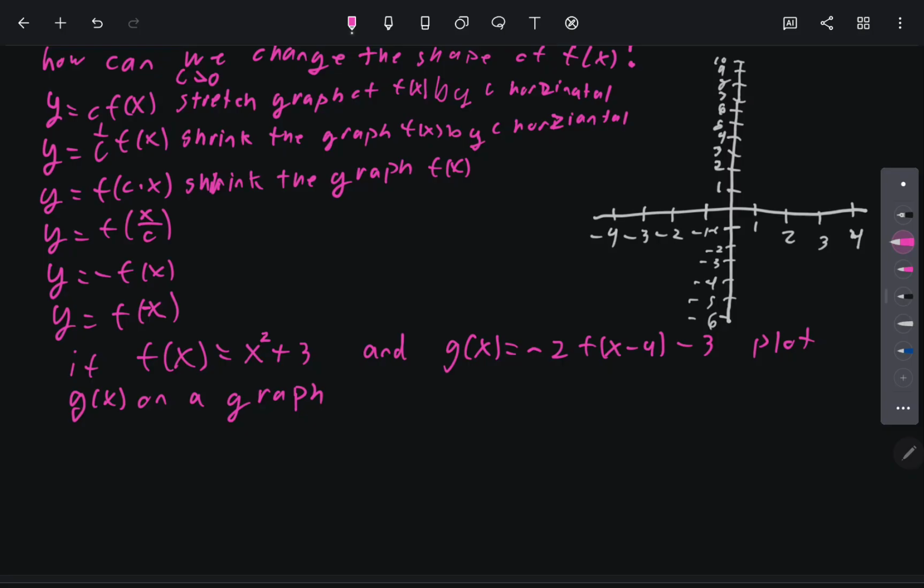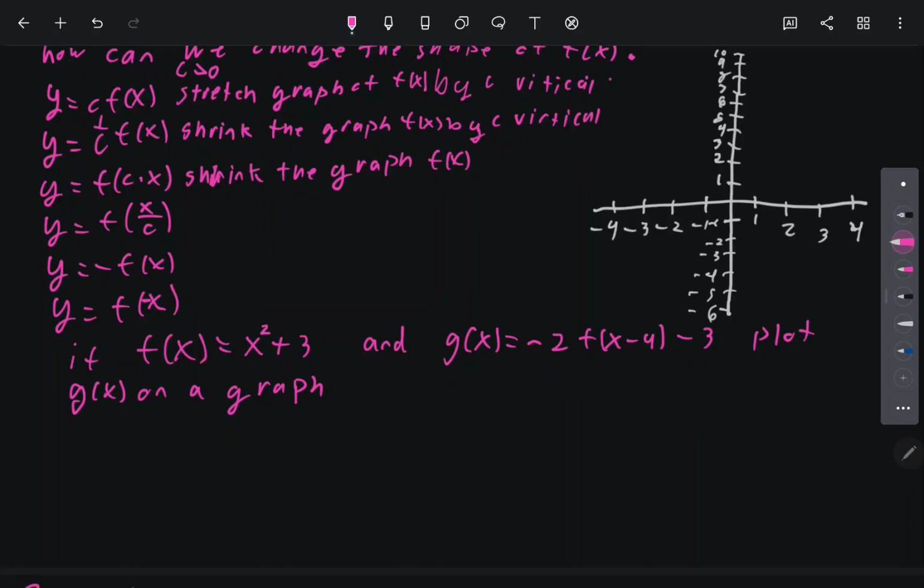These are vertical. I don't know why I said horizontal. These are vertical stretches. Vertical. And this is a horizontal. We'll shrink the graph f of x by c in the horizontal.